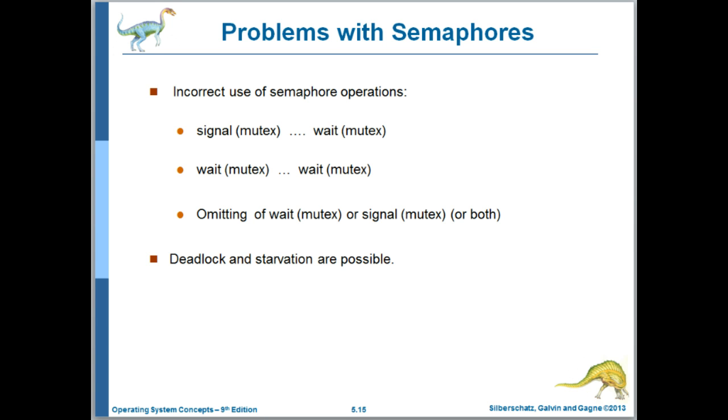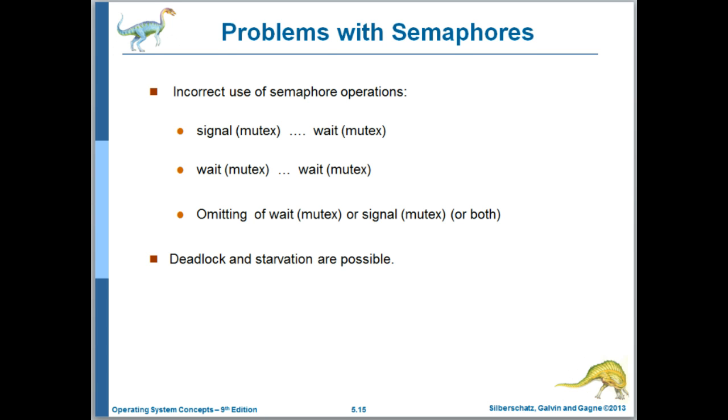Obviously, a wait should be performed on a mutex before it's signaled. The second one, replacing the signal with a wait. The process of waiting on the mutex twice will deadlock itself. And then finally, completely omitting a wait, a signal, or both, which obviously will result in no synchronization whatsoever.